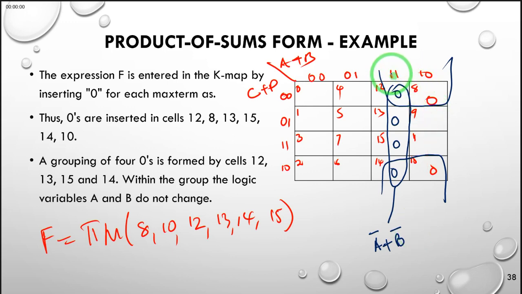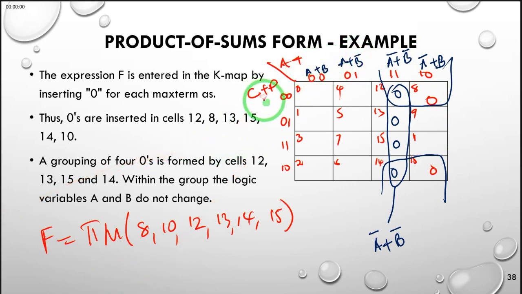Whenever we find a 1 in POS, because it is represented by a 0, it is going to be a bar. So we say this is A or B bar, this is A or B, this is A bar or B, and this is without a bar.